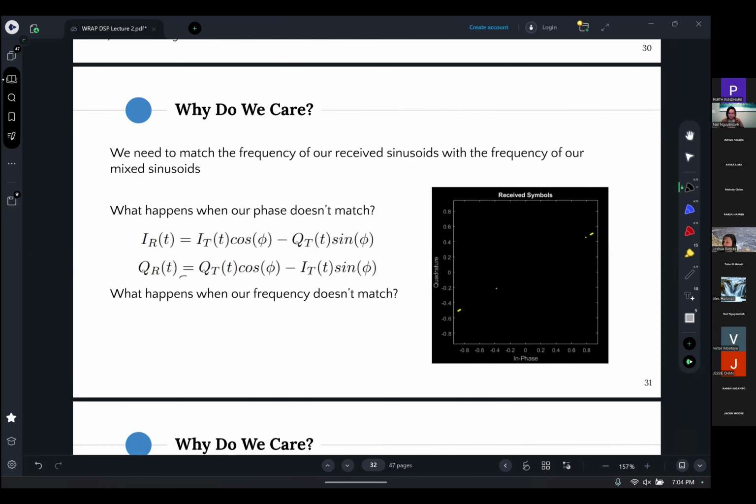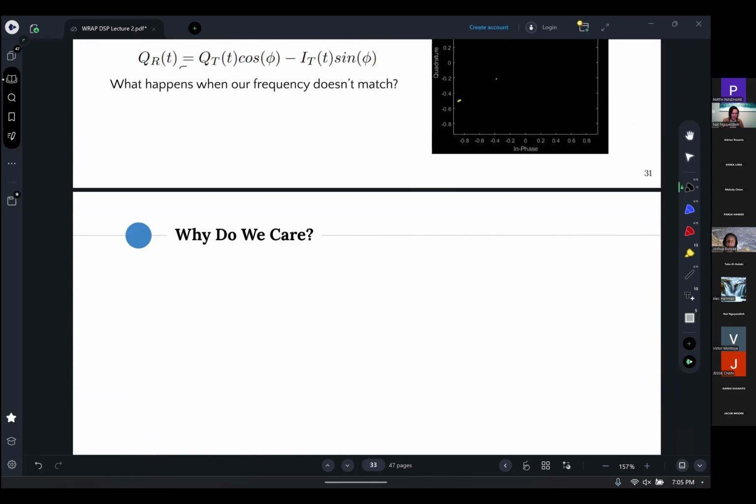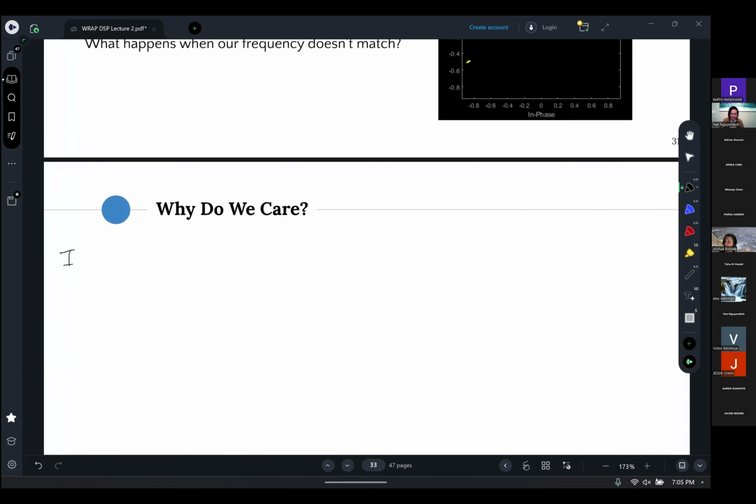So that's when we have a phase mismatch. When we have a frequency mismatch, I'm not going to derive this whole thing because we can use the same results that we got before, but let's just say our received one is 2 times the result when you low pass I of t and then multiply by cosine of our original frequency plus whatever frequency offset we have, multiplied by t.